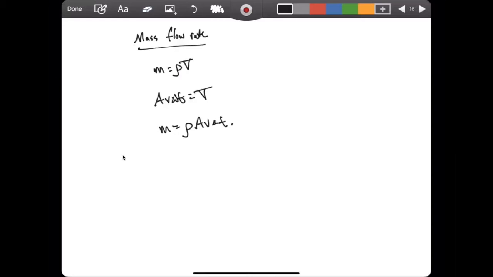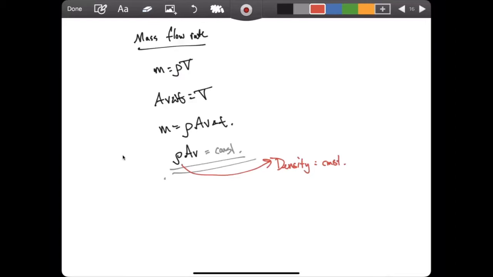Our flow rate then simply becomes the density times the area times the velocity must be equal to a constant. And since this is all continuous fluid, the density must be constant. So in this case, the density is equal to a constant, mostly because it's, again, incompressible.